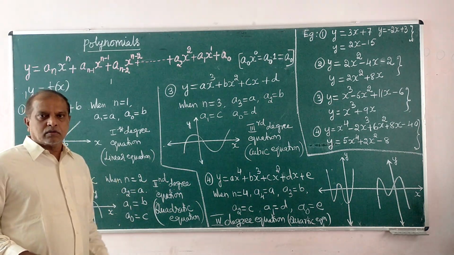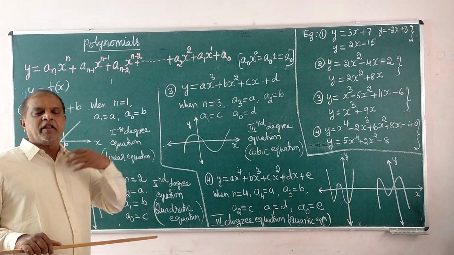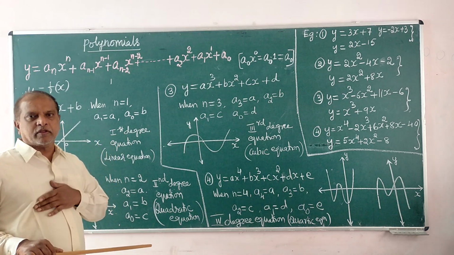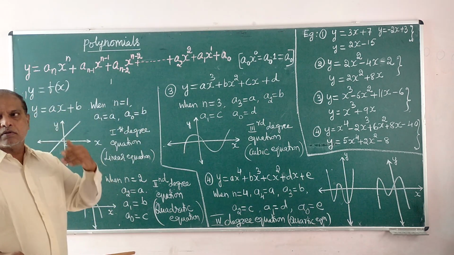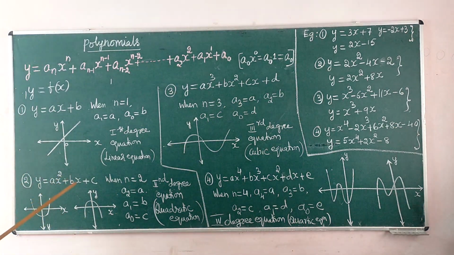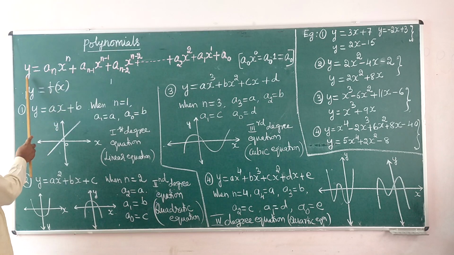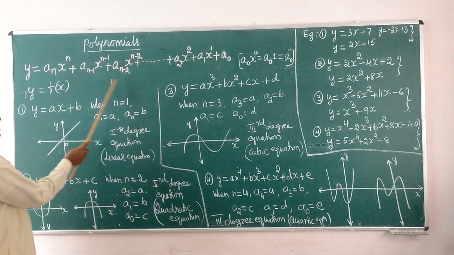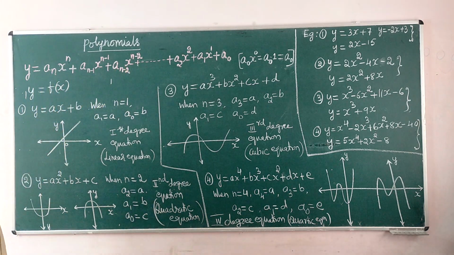Independent variable is a variable which can take any value, to which we can assign any value. And this value we get after this mathematical operation. The result of this mathematical operation is y.